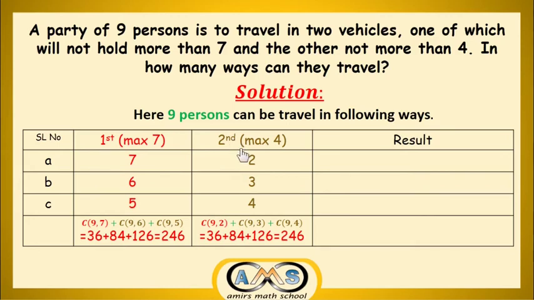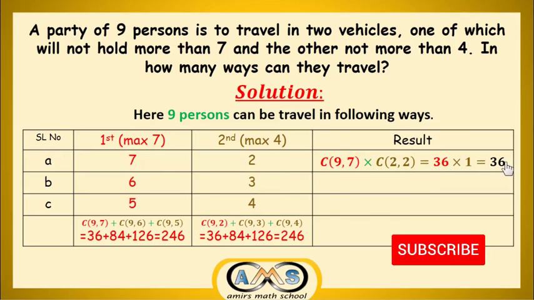The result will be C97, that is, select 7 from 9, and C22, select 2 from the rest 2. According to the AND rules, these 2 will be multiplied. That is 36 into 1, which is equal to 36.